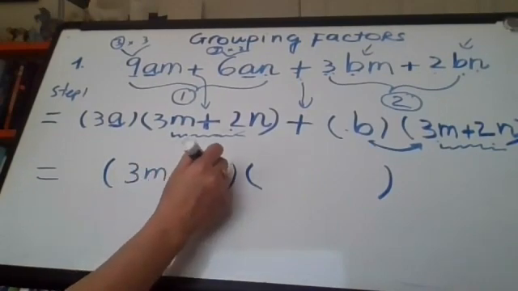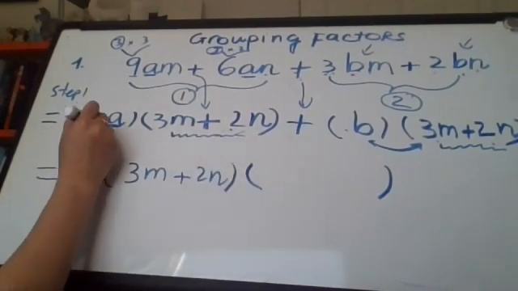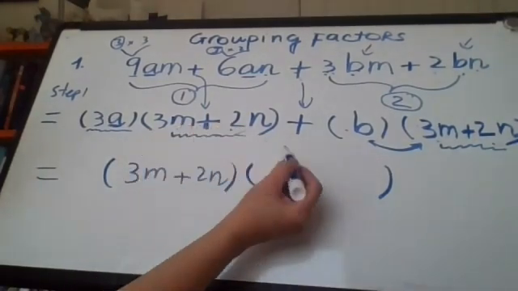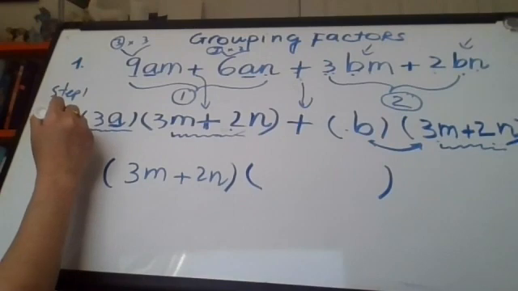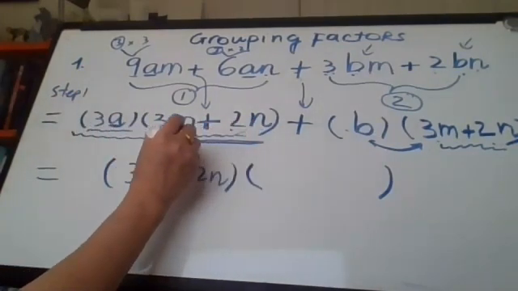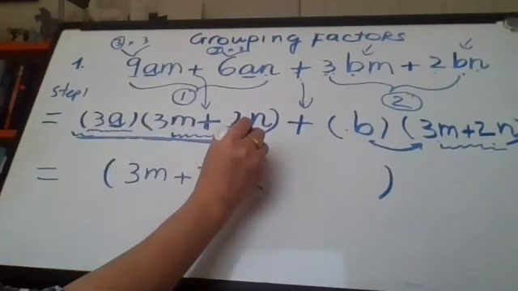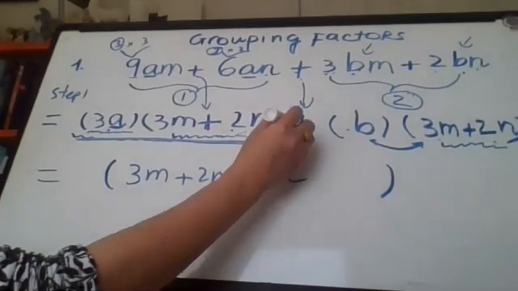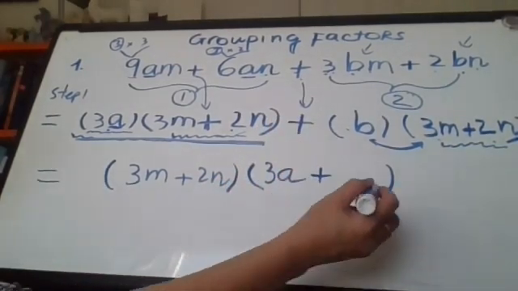3M plus 2N. Now what's left over, we factor into a bracket in such a way that when we multiply, we should get back the whole expression like this, right? On the way from here to here. So 3A, we put in here, plus sign, put it down, plus sign.